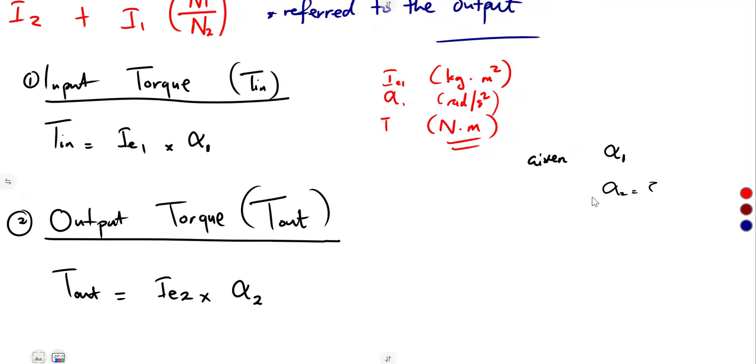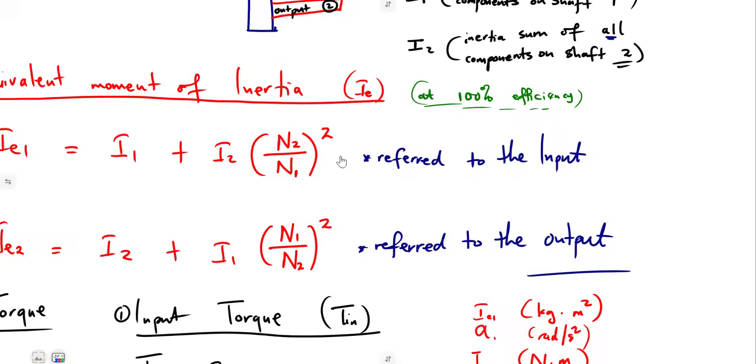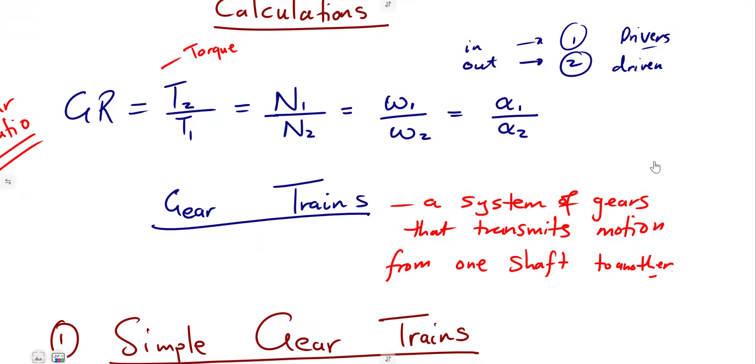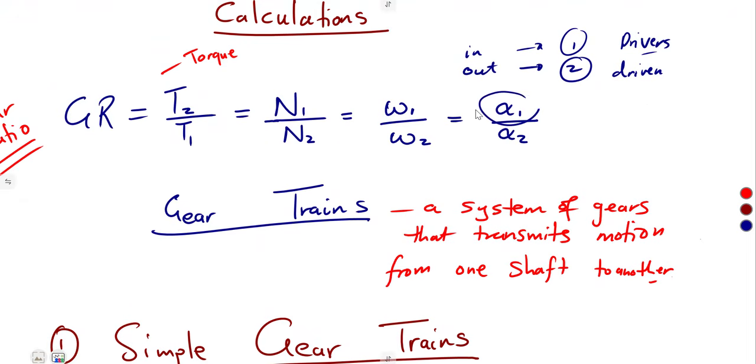What can you do? You have only this, but you need it here. You refer back. Remember, I talked about the gear ratio before. That formula is used, guys, to calculate whatever that you have. So if I have this angular acceleration, I must check throughout the formula of my gear ratio which one it is that I'm given. Am I given these?